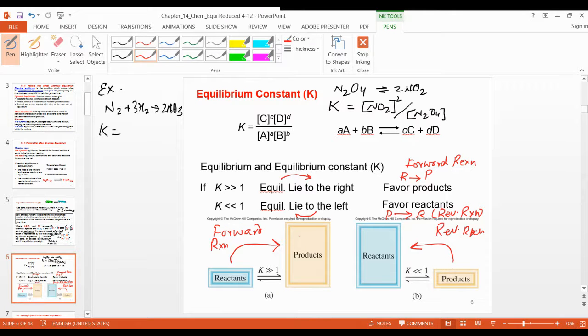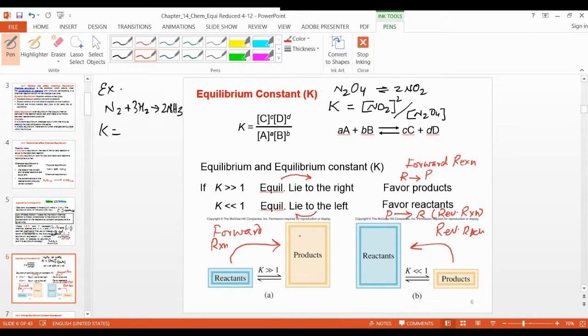When the forward reaction and the reverse reaction are both taking place, this is known as dynamic equilibrium. Okay. Continuously reactant changes to the product and product changes to the reactant. This reaction going on is known as dynamic equilibrium.